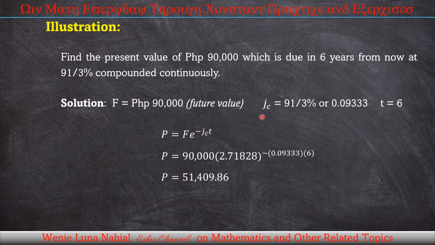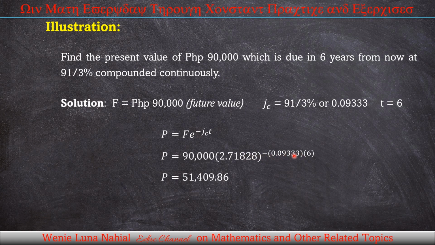So using the formula for the present value, we have to replace our uppercase letter F by 90,000, then e by 2.71828, then our j sub c by 0.09333, then multiply this by 6.